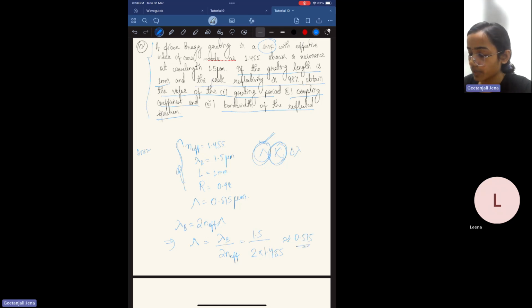How can you calculate kappa? Let me know whether you know the expression, the relation. If not, then I will give you a hint.